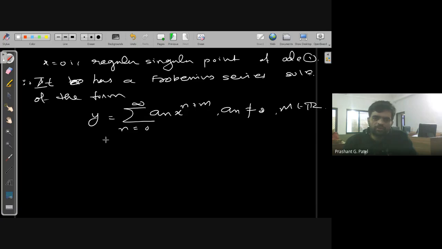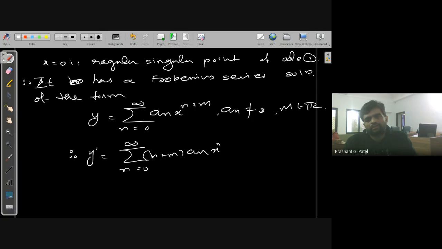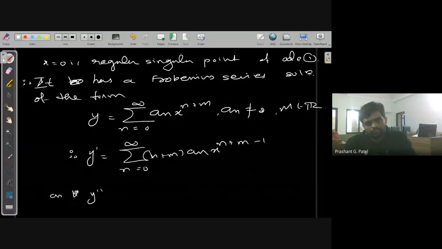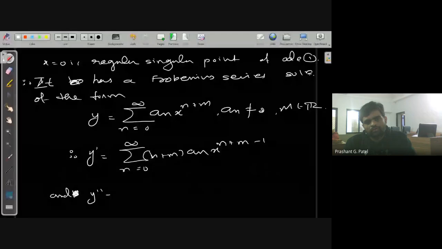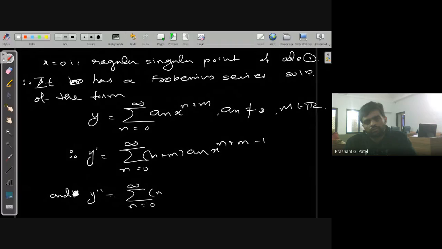So obviously the first task is to differentiate this 2 times. Therefore we have y dash, the derivative of y, which gives summation of (n plus m) a n x raised to n plus m minus 1, and y double dash will be summation n running from 0 to infinity (m plus n) (m plus n minus 1) a n x raised to m plus n minus 2.